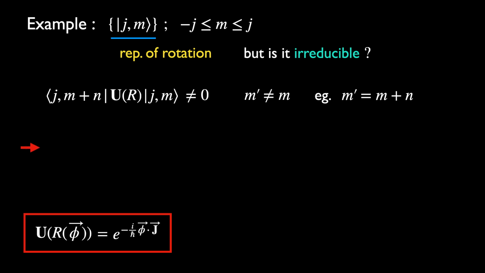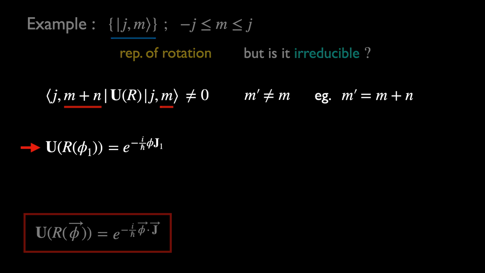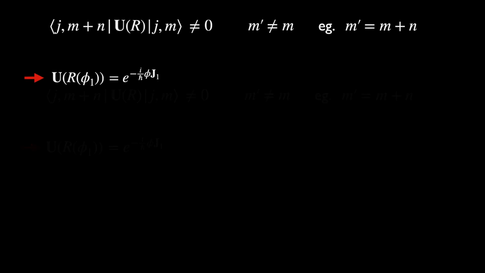We can try a rotation around the x-axis. As long as we don't choose a z-axis rotation, since this would just become a phase when applied to the state Jm, and the inner product between m plus n and m would give 0, which is not what we want. Let's expand this exponential in a power series.